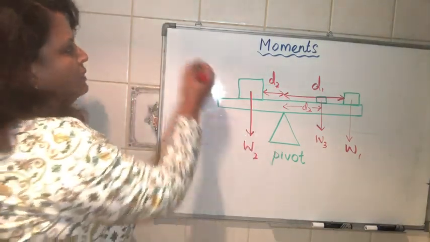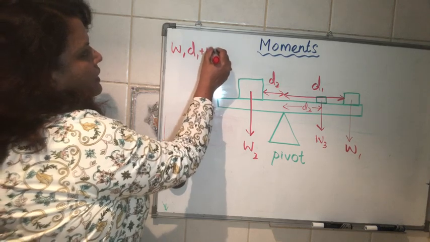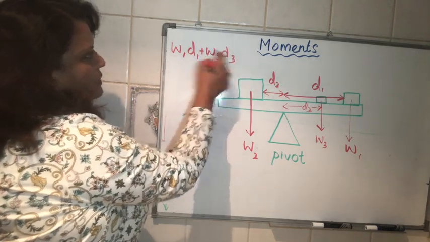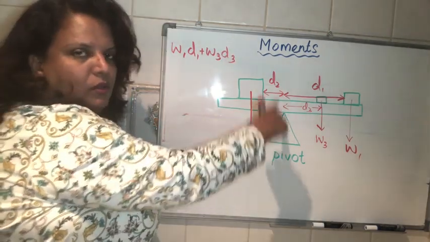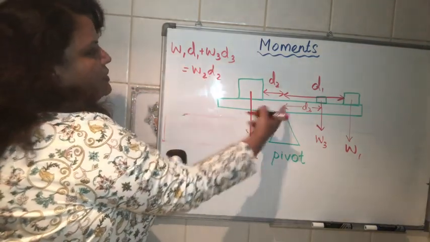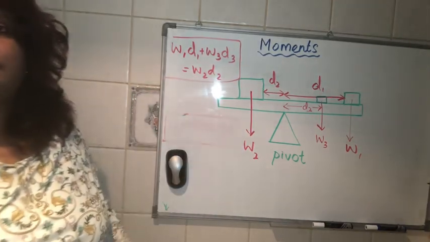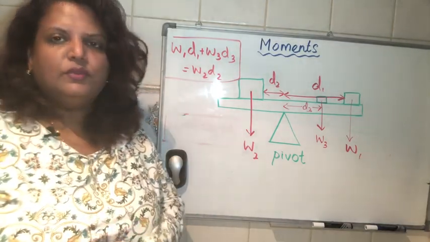Okay. So how will the formula be? W1 D1 plus W3 D3, the two moments which are acting clockwise, will be equal to W2 D2, which is your anti-clockwise moment. Okay, this is how you have to approach the problem.